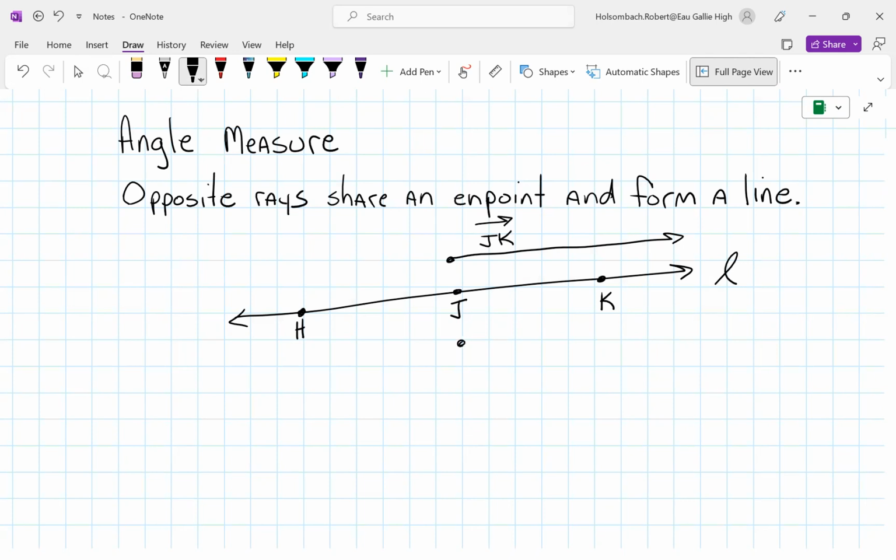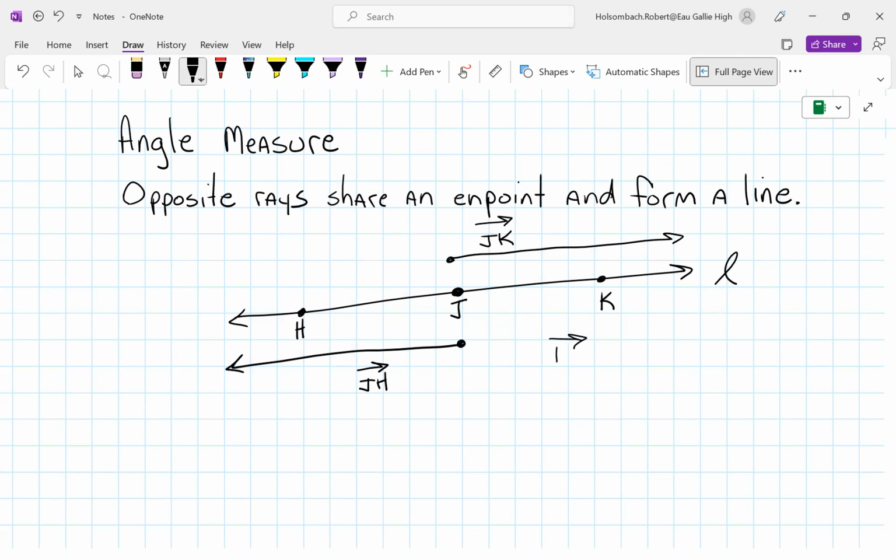Then you've got another ray in this diagram that could be called ray JH. The endpoint of a ray is where the ray begins. So since both of these rays share J as an endpoint, and since line L is a straight line, then ray JH and ray JK are opposite rays.